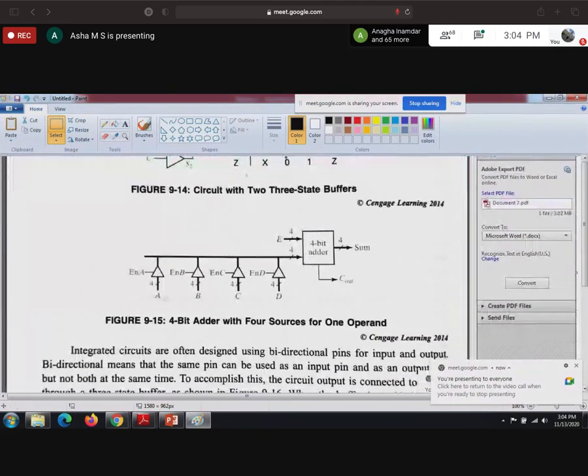Just look at this diagram and let me know what is this, what we have used actually here. So here we are going to use the 4-bit adder. Forget about 4 bits. Why it is 4 bits? Means we are going to add 4 bits at a time.